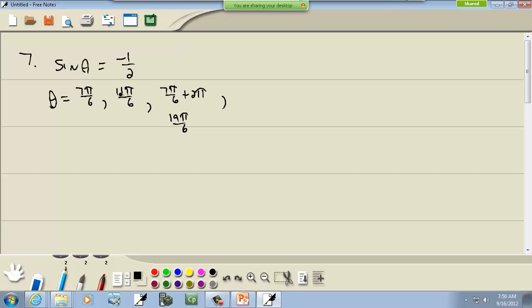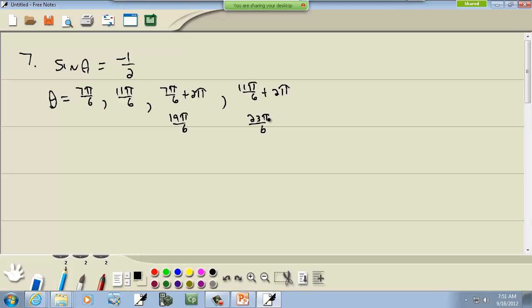Our next one would be to take our second answer and add 2 pi. 2 times 6 is 12, so that's 12 pi plus 11 pi is 23 pi. Is that right?